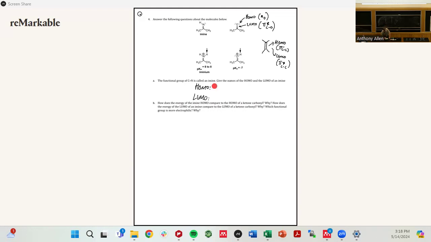So what can we call n sub n? Lone pair on N. This is everyone's favorite question on Exam 1. If you have a double bond and a nitrogen, that could be an imine, or it could be within the ring.